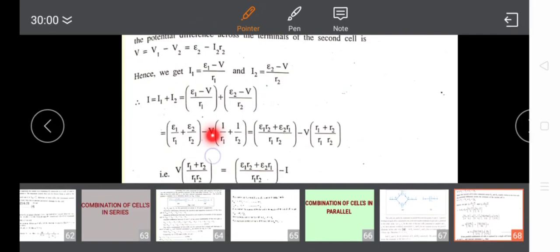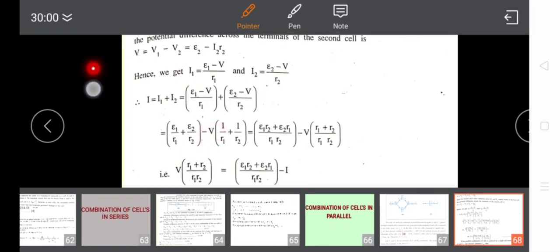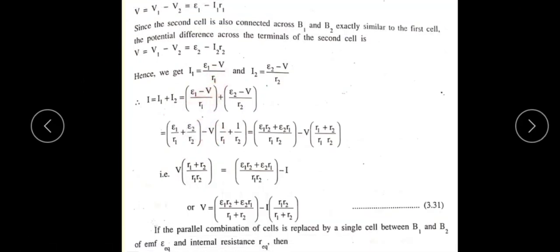Keeping minus V outside as the common term, with R1 related to E1 and V, and R2 related to E2 and V: first E1 by R1 plus E2 by R2, minus V times 1 by R1 plus 1 by R2.